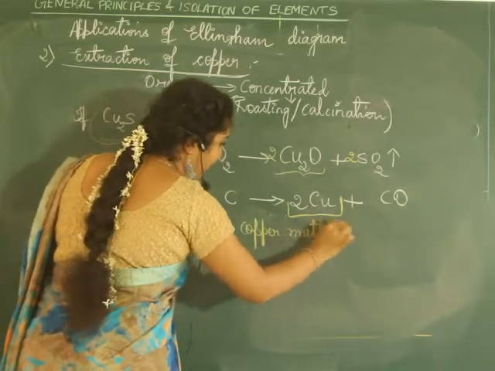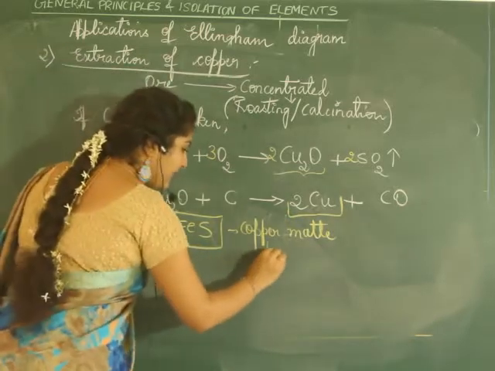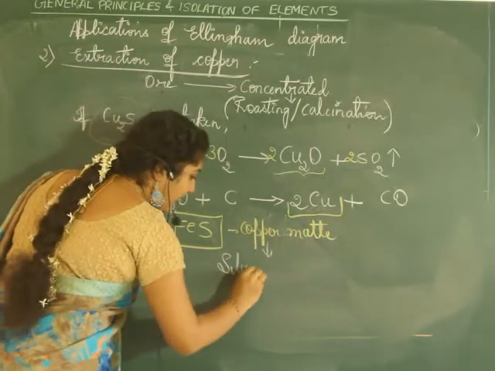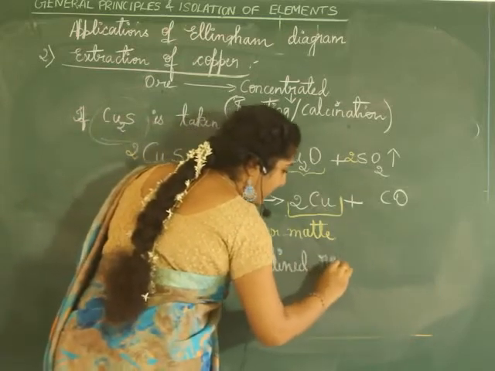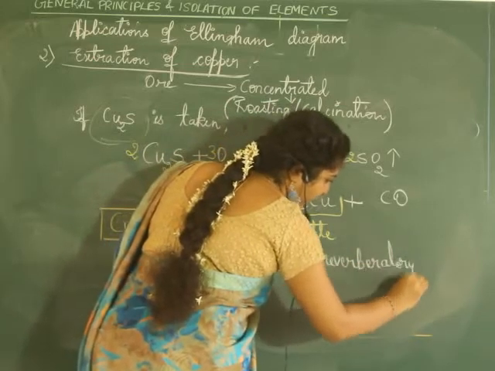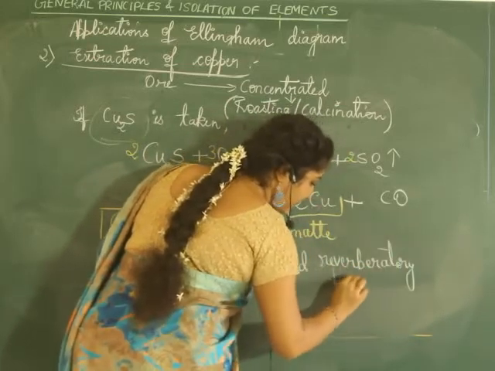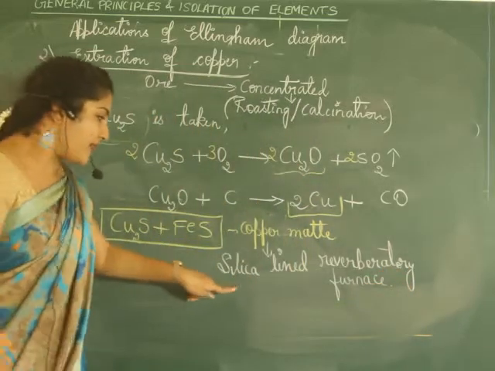So how do you explain? Copper matte is taken in a silica lined reverberatory furnace. I have told you why we use reverberatory furnace. Even for roasting methods it is used. Why have we taken silica lined?